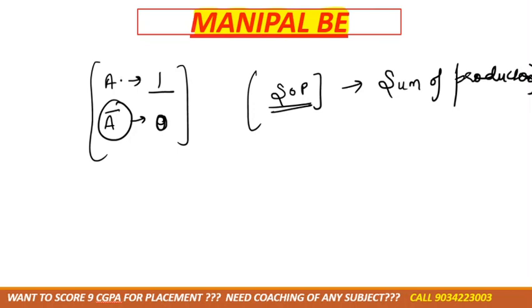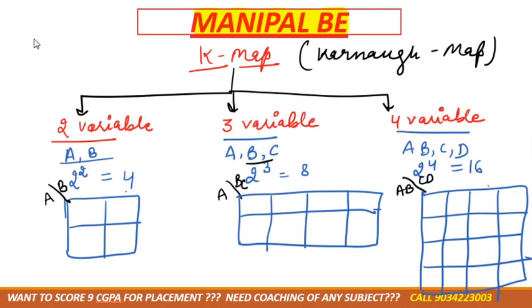If you don't get a bar on any term, then that will be 1. So basically in digital, A can either be 1 or 0, right? So A can be 0, 1. B similarly can be 0 and 1.